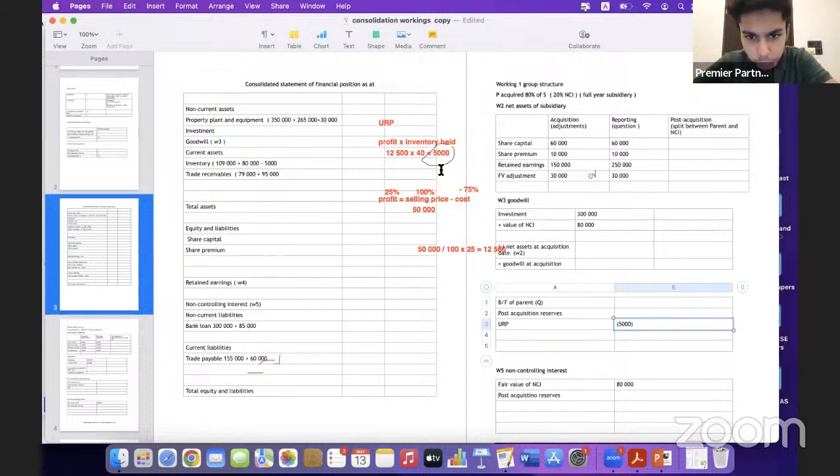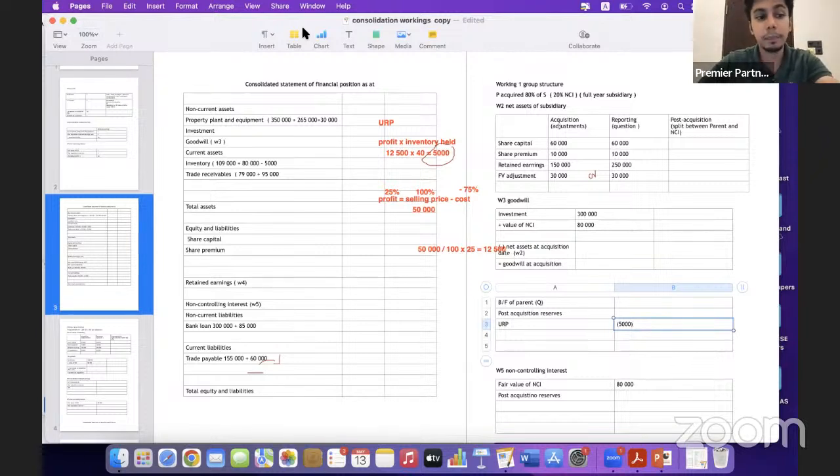Once again, ask yourself, who sold? Parent sold. So if the parent sells, number one, remove this from inventory. Inventory will become credit because we want to remove the profit. The unrealized profit purpose is removing the profit, so inventory should be minus, credit. Now guys, who is the seller? Parent.